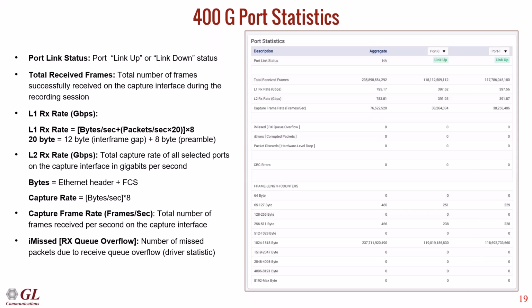If there's corrupted packets, we'll show that either as I errors or CRC errors. And then we have a breakdown of the different packet sizes that we received, from 64 all the way to the max byte if it's a jumbo frame. So those are all shown here in this view.